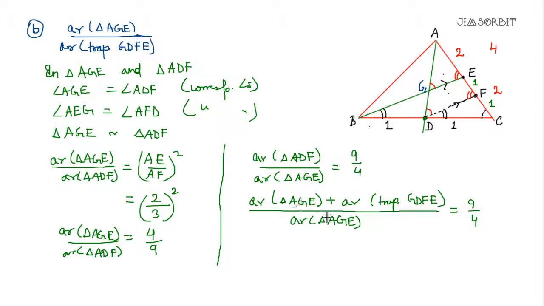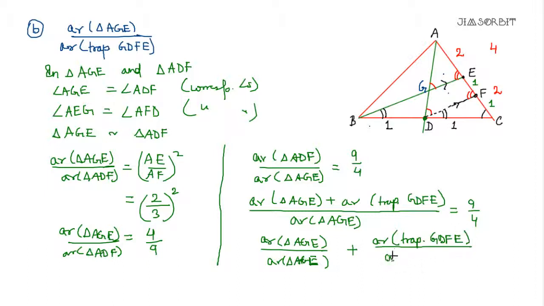Now we can separate these two ratios, because this is the common denominator. So area AGE upon area AGE, plus area trapezium GDFE upon area AGE, is equal to 9/4.